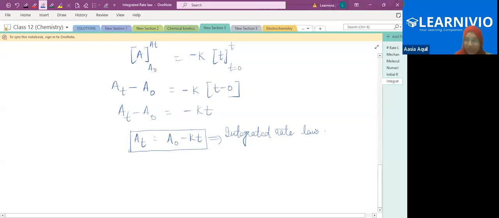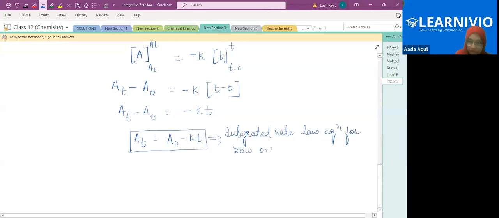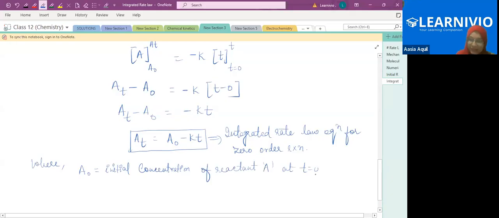So the integrated rate law equation for zero order. Write down where A naught is the initial concentration of reactant A at time zero, at the initial time. And what is At?